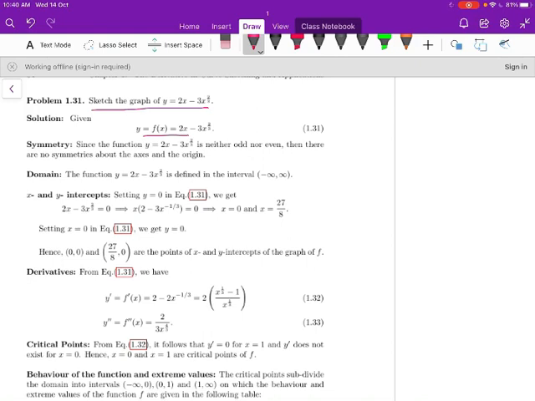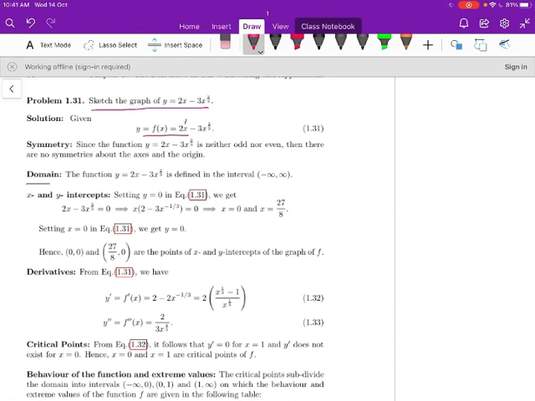So there is no symmetry about the axis or the origin, because here the power of x is a fraction, so it is not a positive integer power. So there is no symmetry about the x axis or y axis. Therefore no symmetry for this given function.